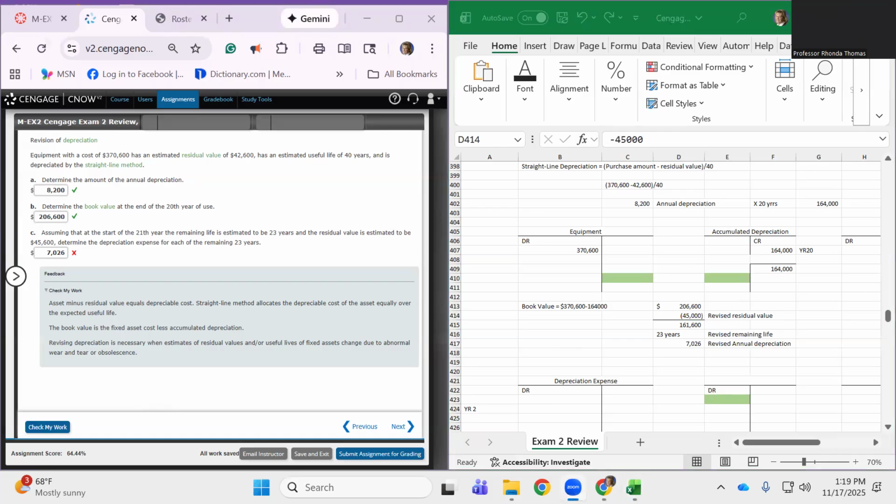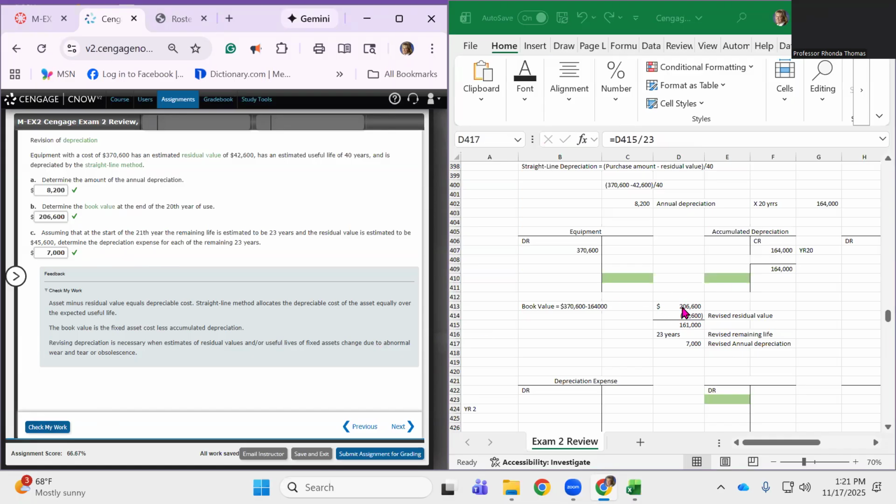Okay, I put in an amount wrong. So instead of 45,000, it's 45,600. Okay, so now I think we're down to 7,000 as our, yay, there it is. It was an error on my part of entering the amount.